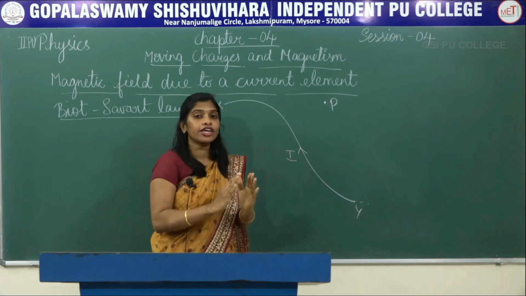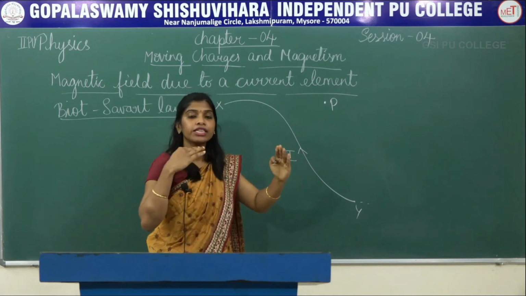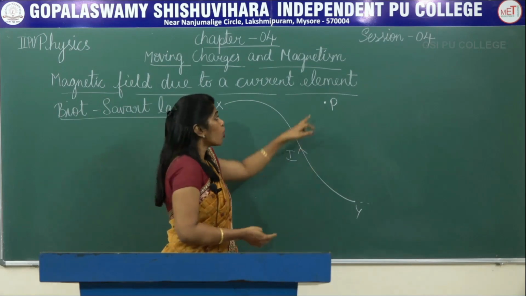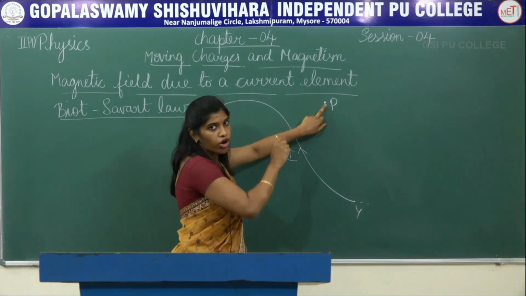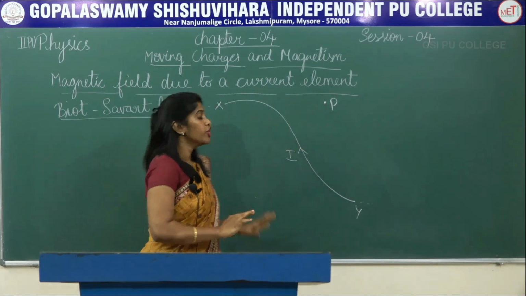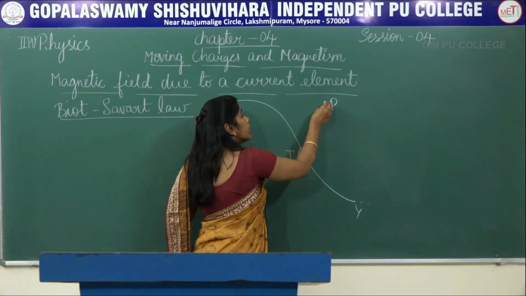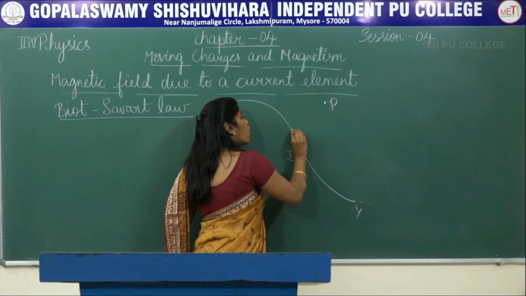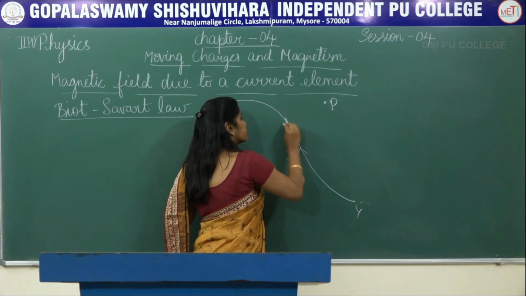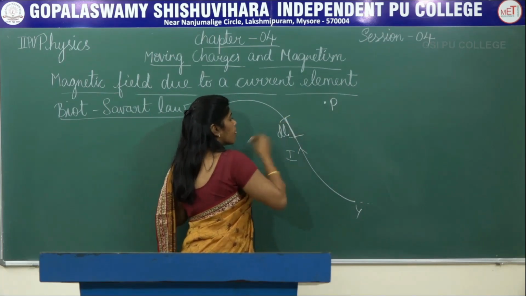So the current carrying conductor is producing a magnetic field in the space around it. What will be the magnetic field at this point P is what I am going to find using Biot-Savart's law. Now let me consider a small element at this point, dl.